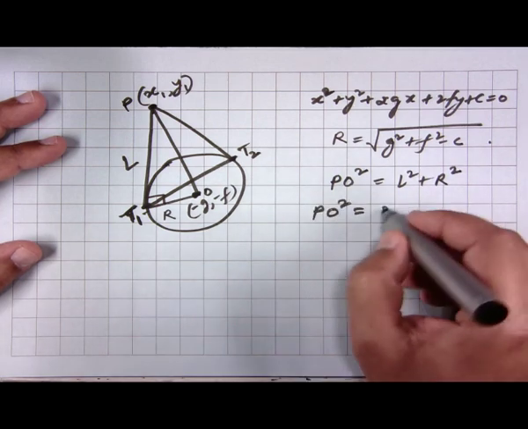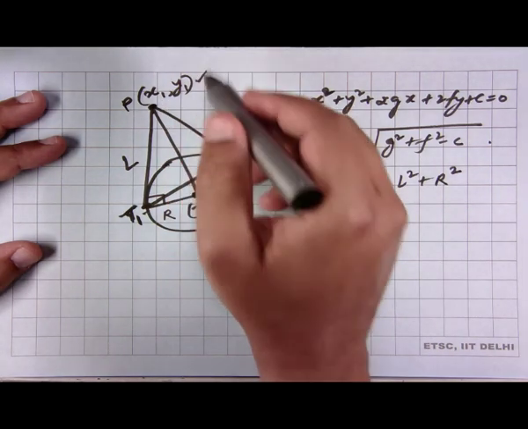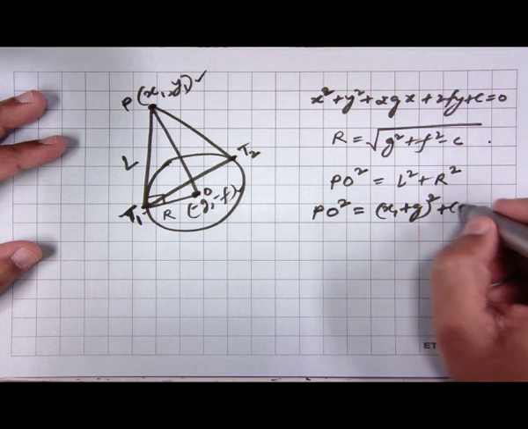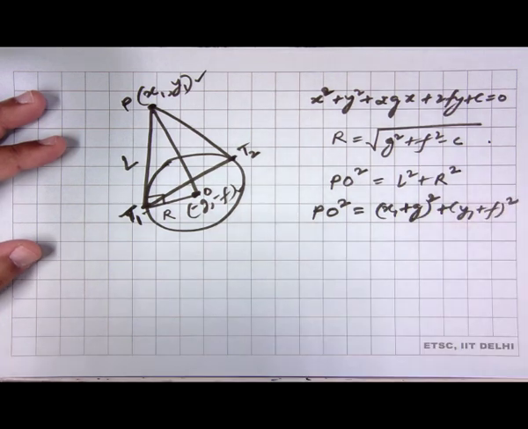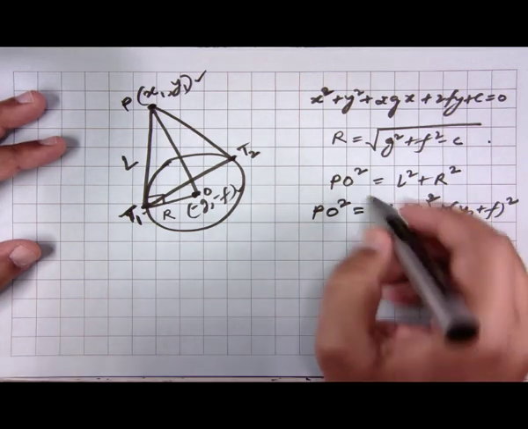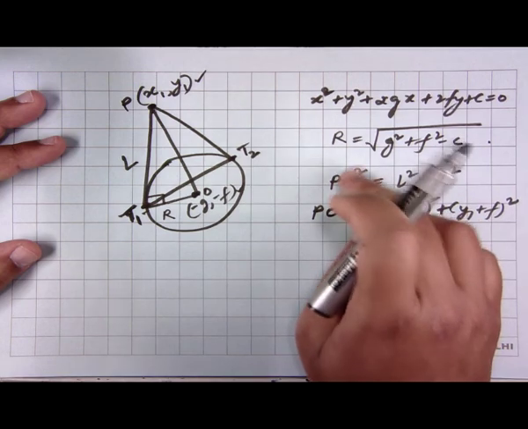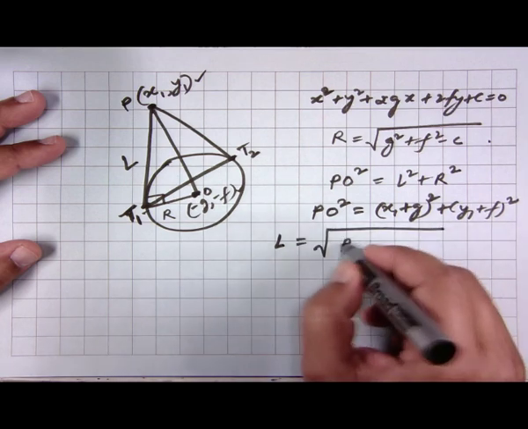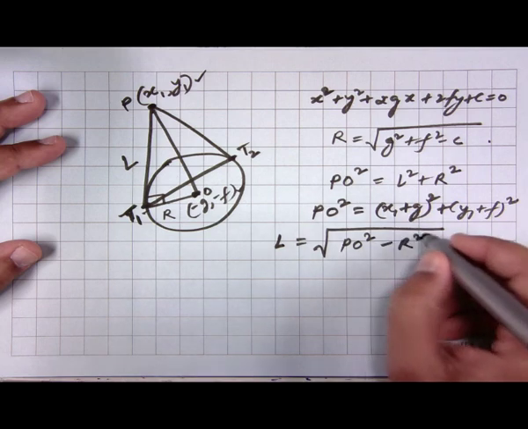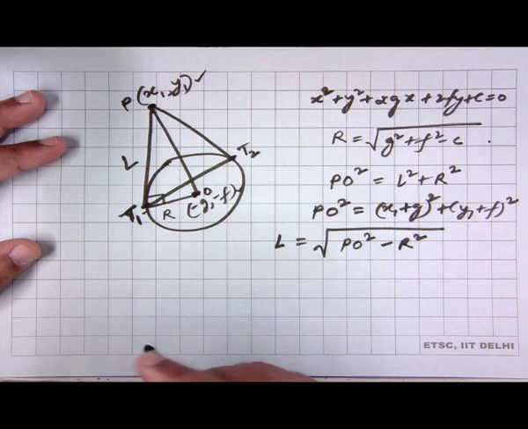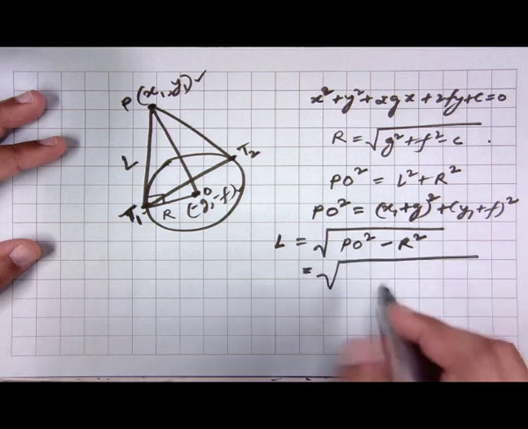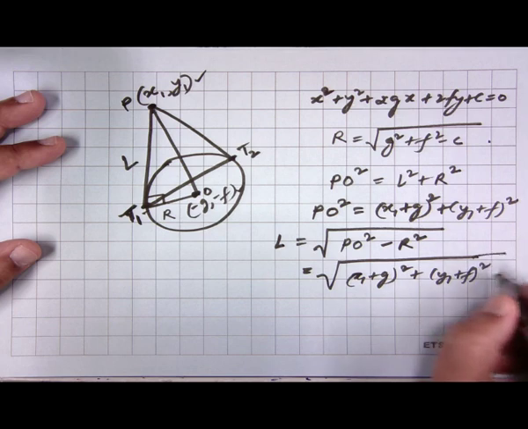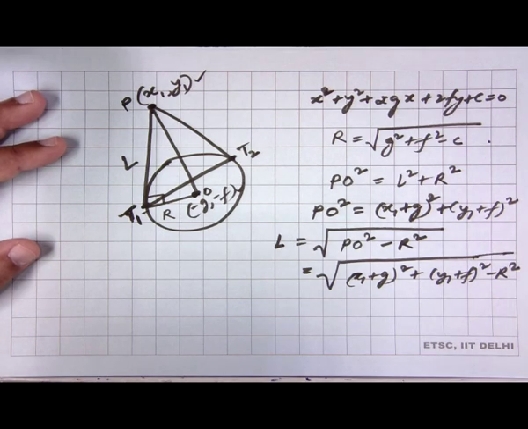Further, since we know these two coordinates, PO square is known, and therefore, if we substitute this expression over here, we get L is equal to square root of PO square minus R square. So, we know L also.